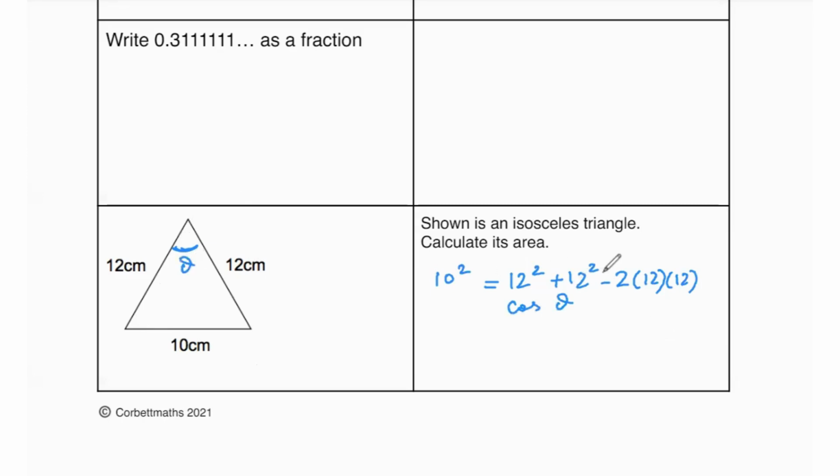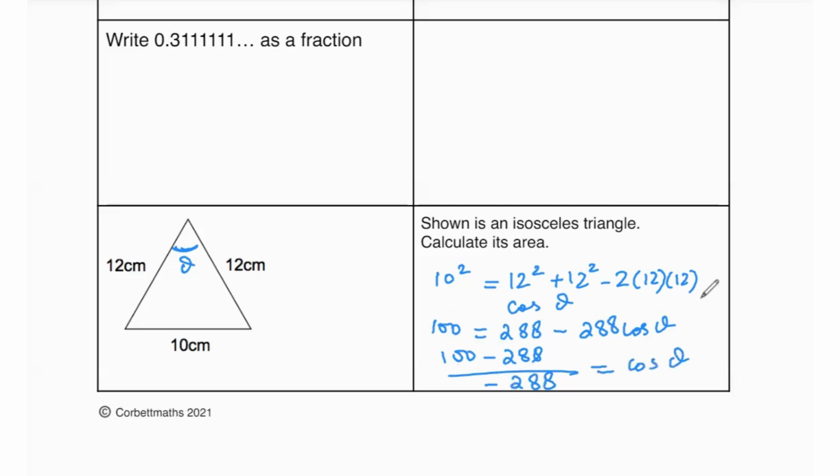This is theta. So that's going to be 100 equals 144 plus 144, which is 288, minus 2 times 144. That's 288 cos of theta. So we do 100 minus 288 divided by negative 288 equals cos theta.